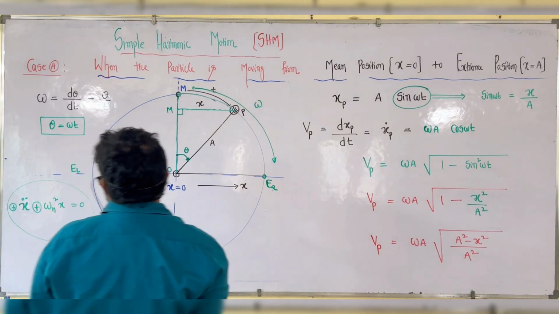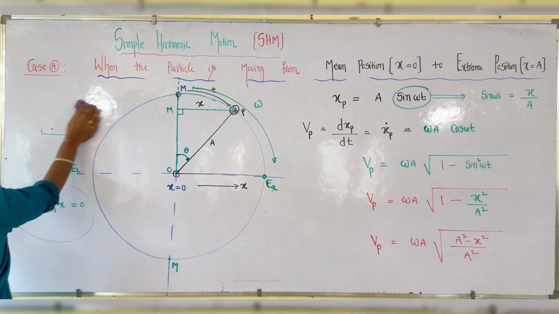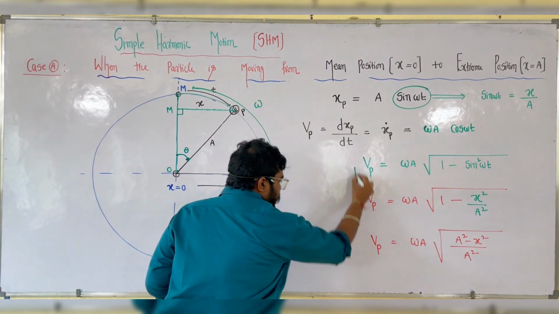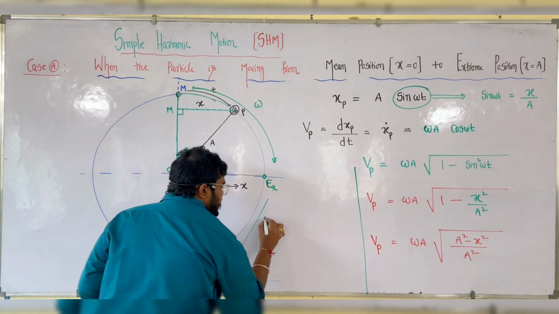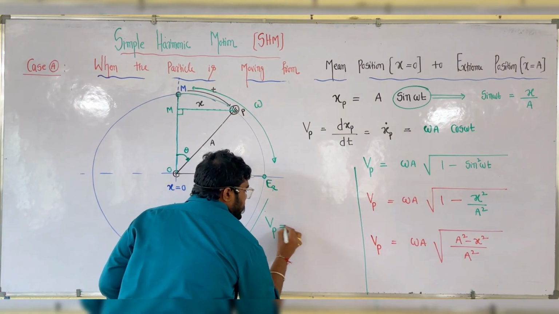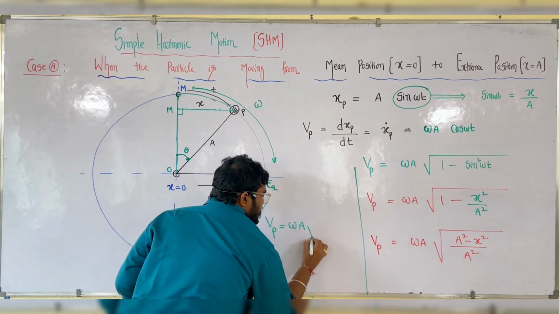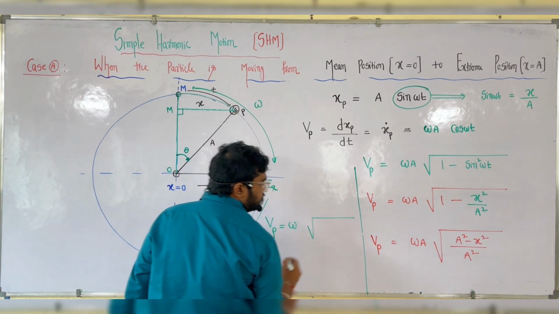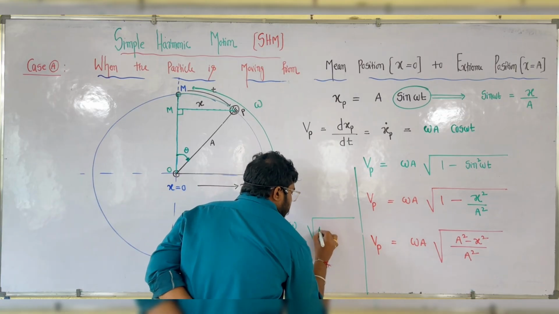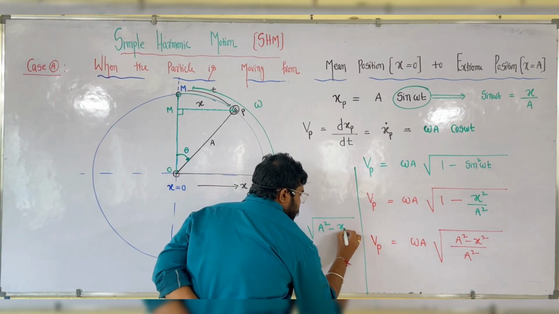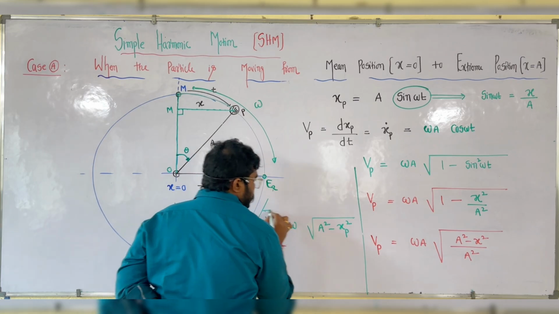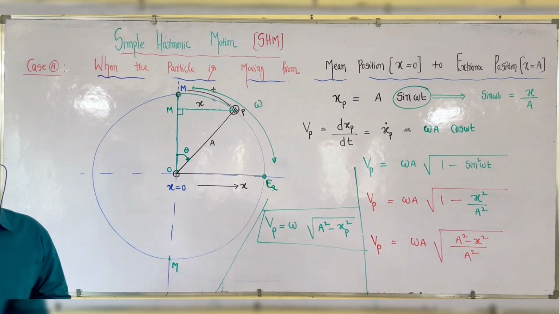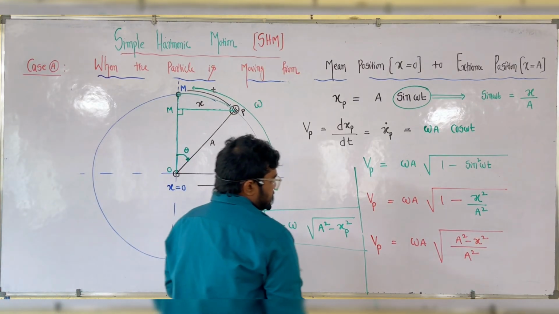Then velocity of the particle can be written as omega a into square root of a square minus x square, where x is the displacement of the particle.